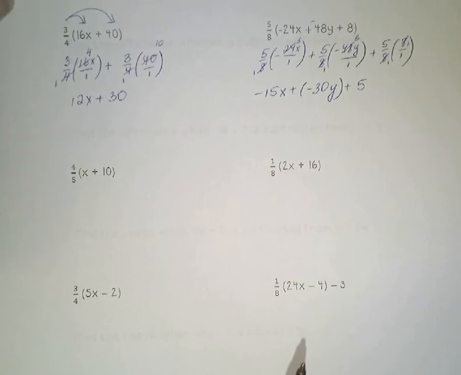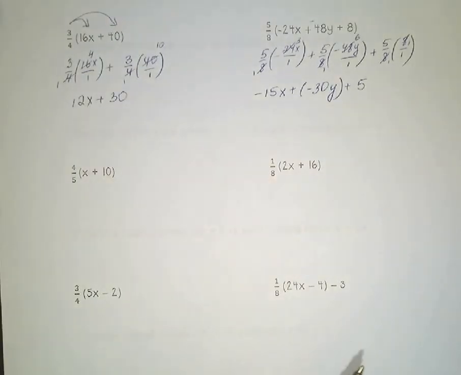Actually, here's one more that doesn't look like it. This one is a little bit different because this last one, because you are multiplying number outside the parentheses by both numbers inside the parentheses. This -3 is not in the parenthesis, so we don't need to multiply by it.